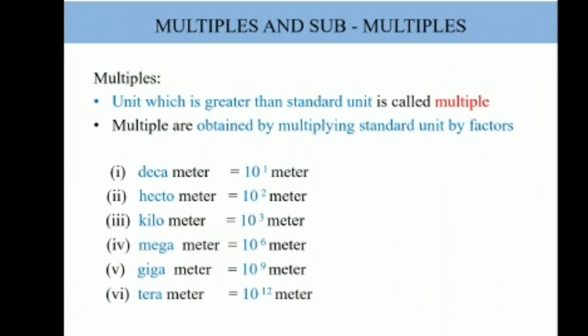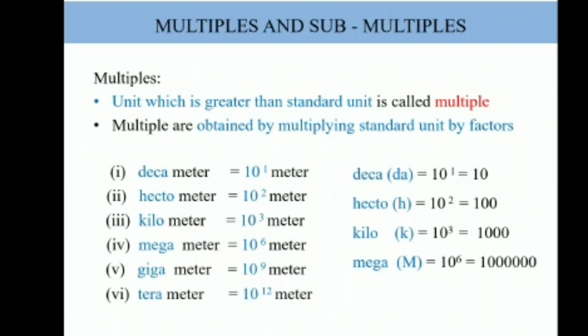And what do giga, tera, deca mean basically? From a mathematical point of view, 10 to the power 1 is nothing but 10. So that 10 is known as deca, 100 is known as hecto, 1000 or 10 to the power 3. This 10 to the power 3 implies what? That 1 has 3 zeros after it.